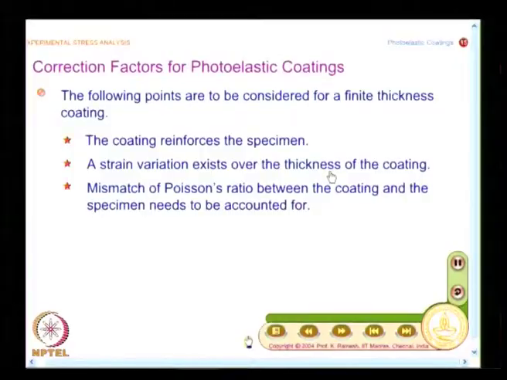And finally, I have always been saying, in all the experimental techniques, Poisson's ratio has a role to play, and you have a mismatch of Poisson's ratio between the coating and the specimen, and that needs to be accounted for.